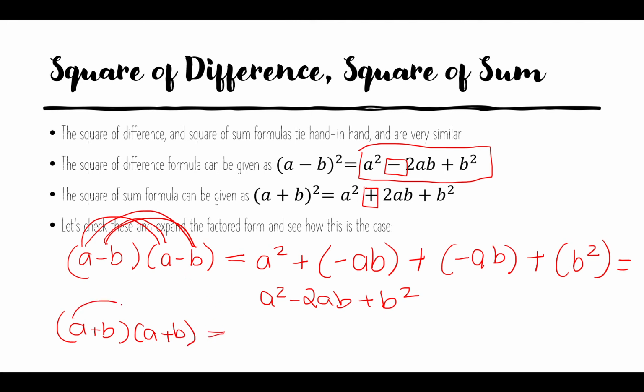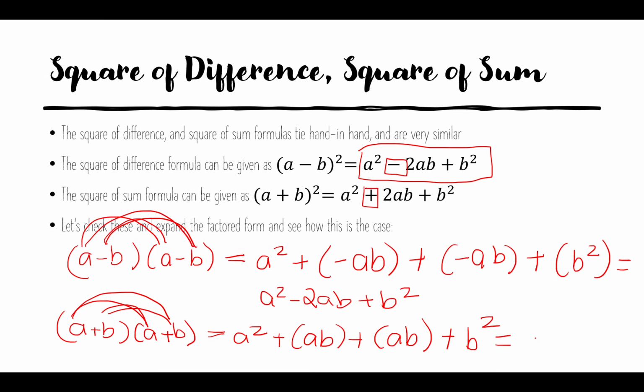So we will get a times a, which is a squared, plus a times b, which is ab, plus b times a, which is ab, plus b times b, which is b squared. In which case we will get a squared plus 2ab plus b squared, which is the same as denoted by this formula.